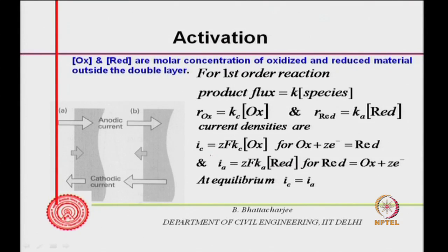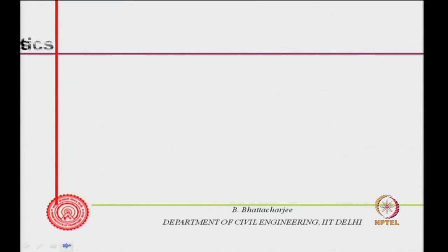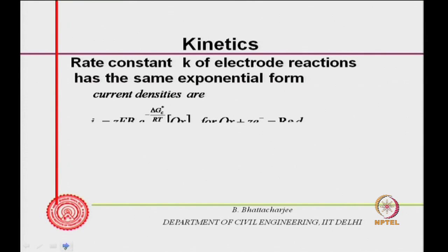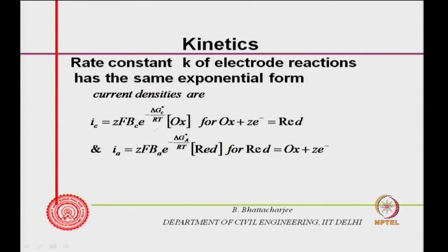So, for this reaction the anodic current will be like this and the cathodic current will be given like this, and at equilibrium these two currents are the same, therefore no net current is passing. But if I am supplying some current, then some current should be passing through it. According to the Arrhenius equation, K can be replaced by the free energy divided by RT, which is the activation energy.